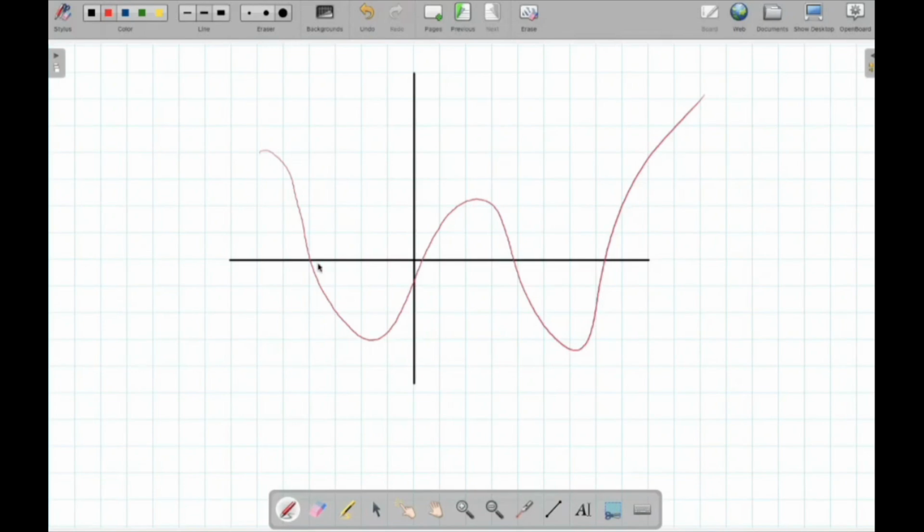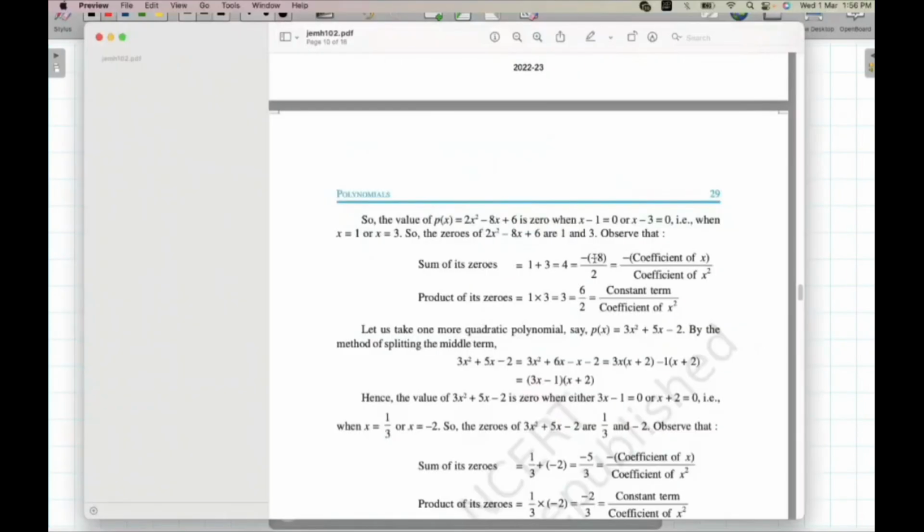So as many times it will cut the x-axis, there will be so many zeros. So in this case, there will be 1, 2, 3, and 4. This will be maybe a polynomial of fourth degree, and since it has cut the x-axis 4 times, there will be 4 zeros of this polynomial equation.